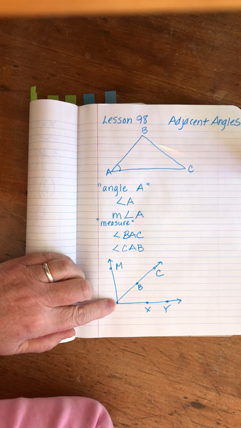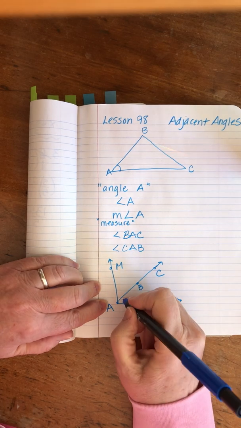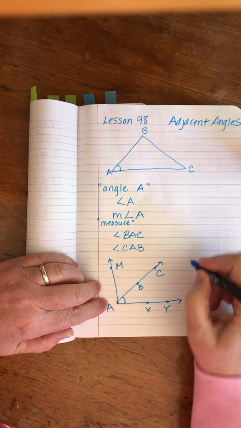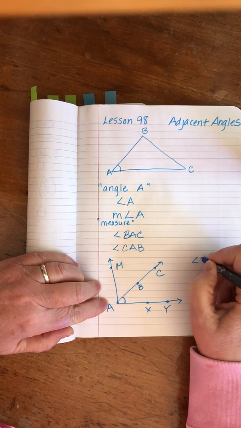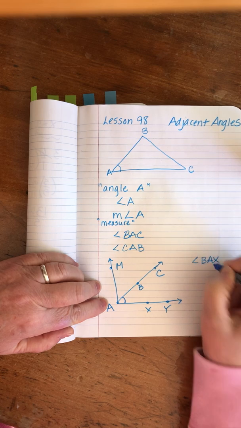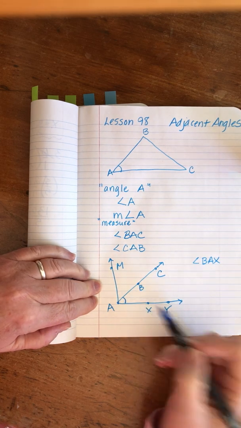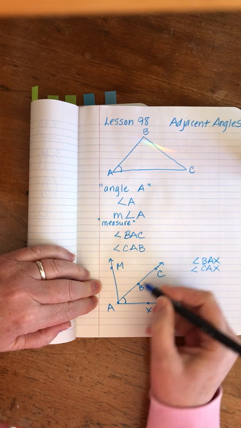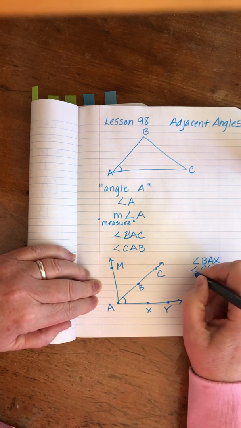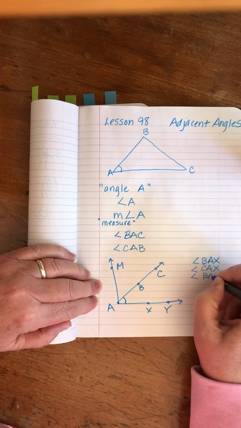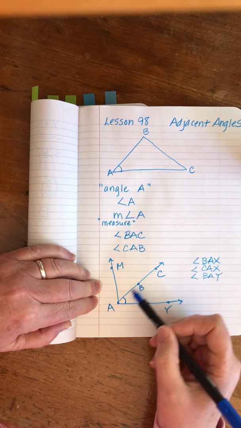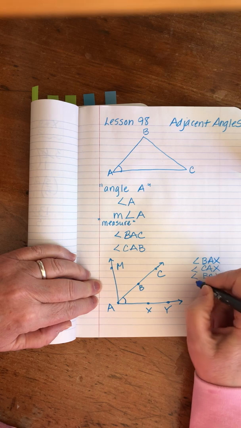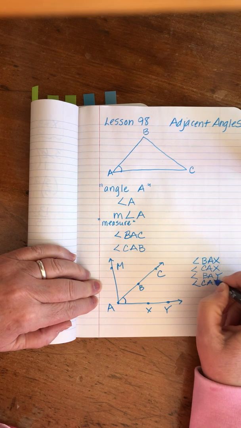So we can define a lot of different angles here. We can define this a lot of different ways. We could call this angle BAX, right? BAX, or we could call it CAX, or we could call it angle BAY, or we could call it CAY.